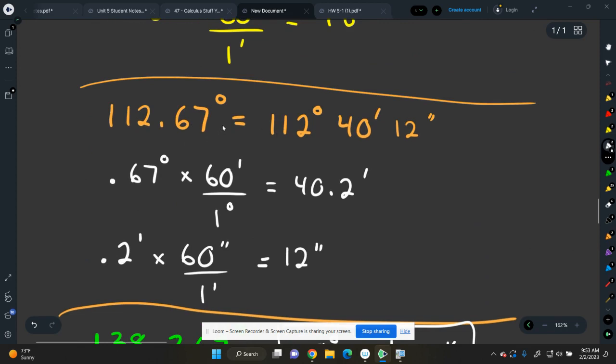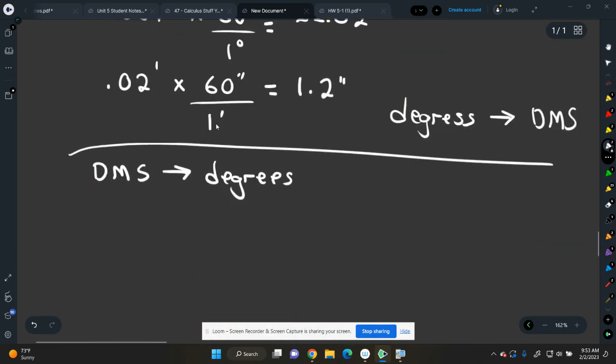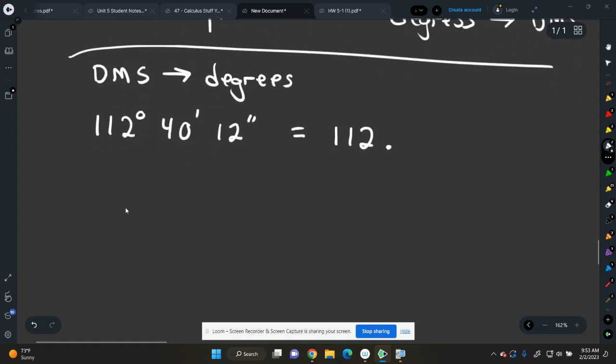So 112 degrees, 40 minutes, 12 seconds. So we know that this is going to be 112 point something. So we're going to work the other direction. So what do you think we need to do here?